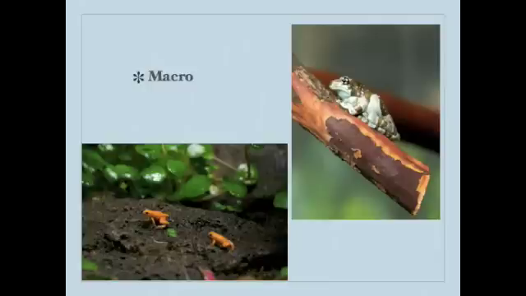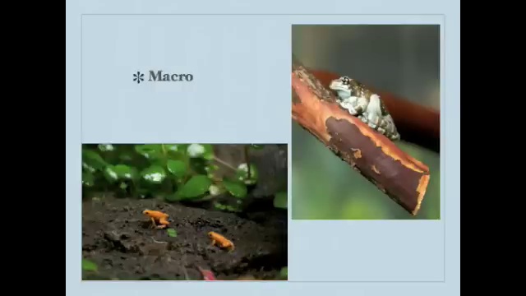Now, another surprise is that I got to use some macro photography. I went into the reptile house, and the first exhibit was the one here on the left with these little teeny tiny frogs. They almost look like a little children's plastic frog toy. They were so tiny. Well, what I did is I put on my macro lens, and even though these guys were behind glass, I was able to get a good angle, and I was able to get them a lot bigger than they were just with the naked eye.